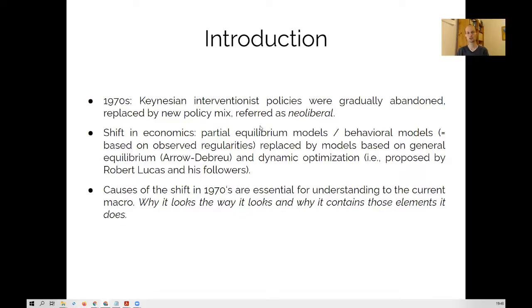Moreover, rather than considering unemployment and low economic activity as the main challenges for the economy, inflation appeared at the center of attention, and the attempts to limit inflation were the most important paradigm and policy.